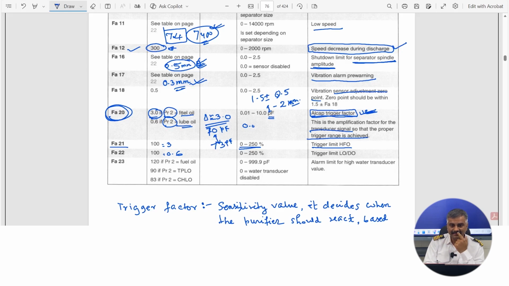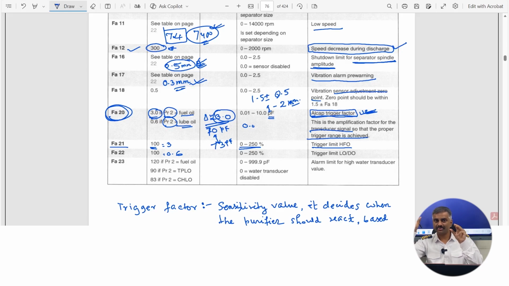As we are seeing, 70 to 73, the difference is 3. So this 3 picofarad is 100% sensitivity. When MT50 is say 50%, that means it is 1.5 picofarad. When MT50 is 70%, then it is in the range between 0 and 3 picofarad.